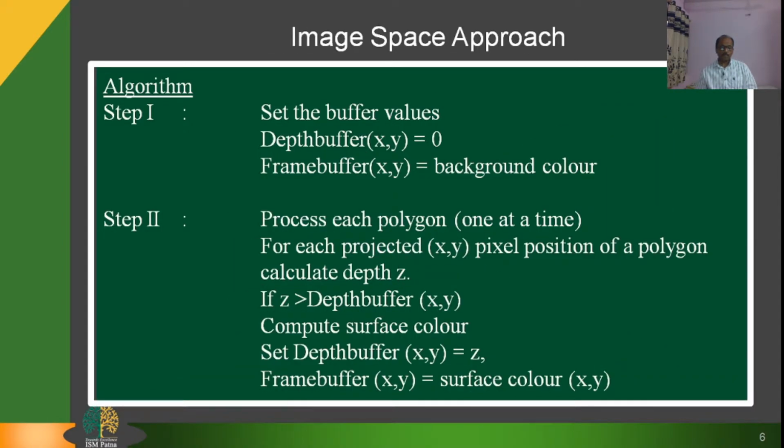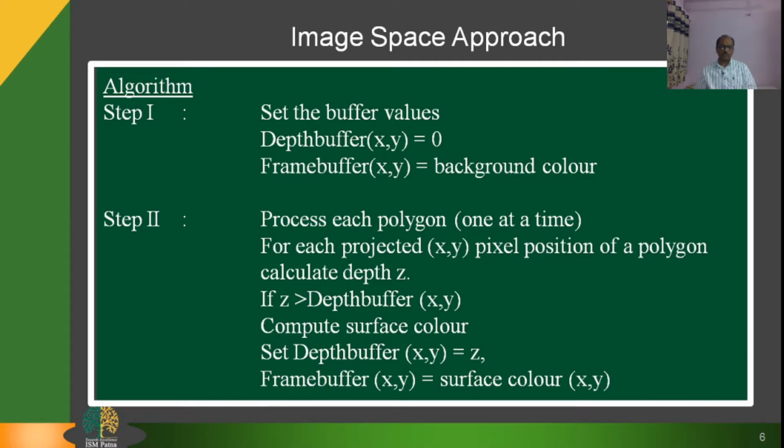So to do this, there is an algorithm in which the buffer values of the depth buffer and frame buffer are assigned. Afterwards, each polygon is processed to project its image one at a time.